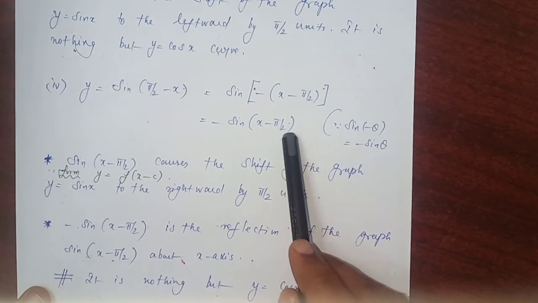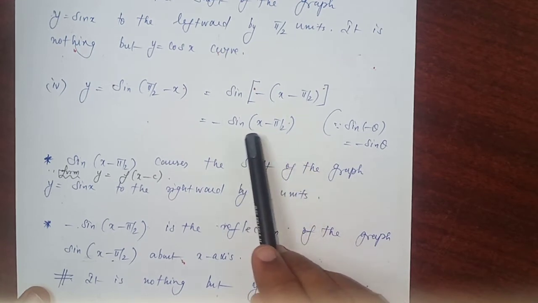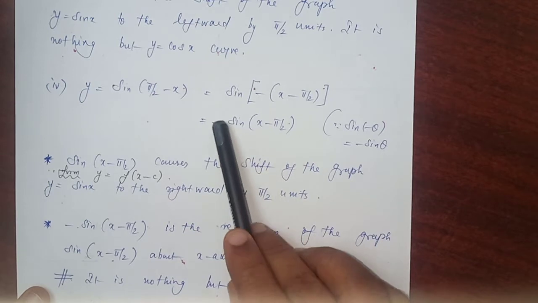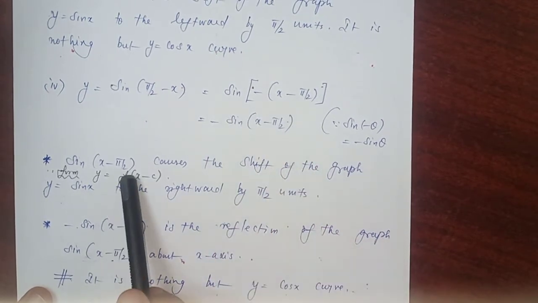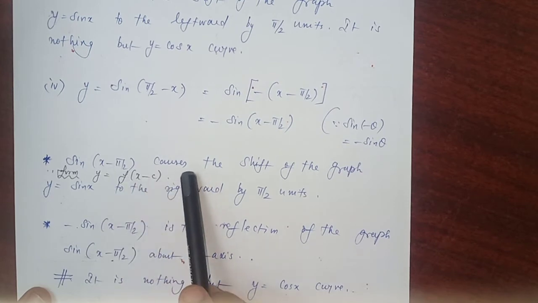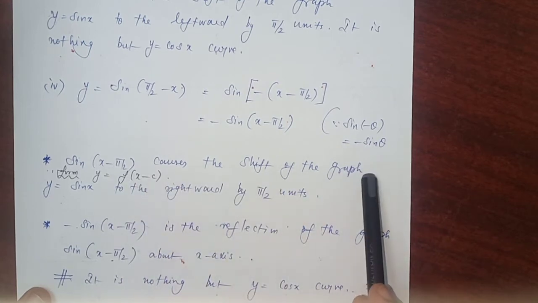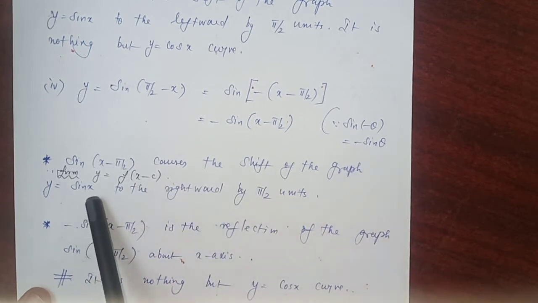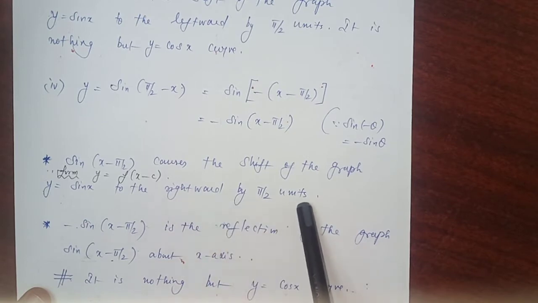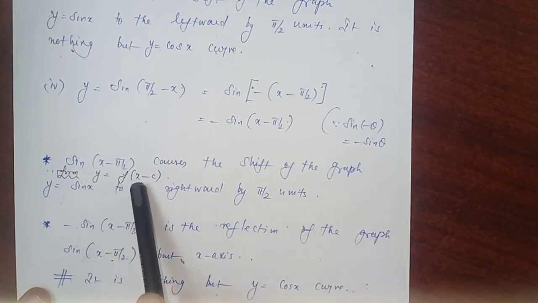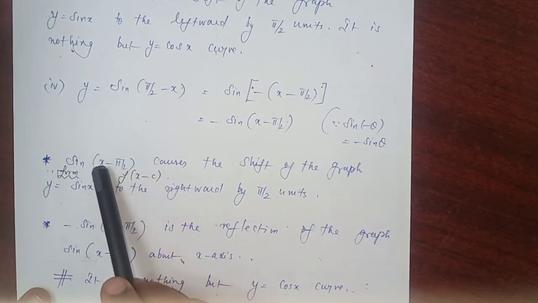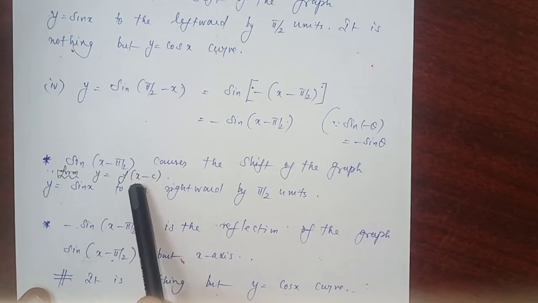First we can construct sine of x minus pi by 2. This is of the form y is equal to f of x minus c, where a constant is subtracted from x.